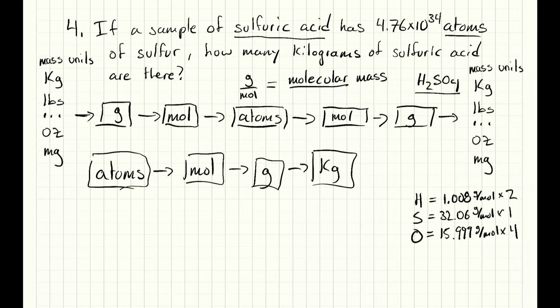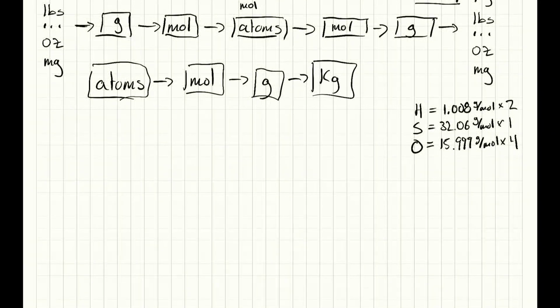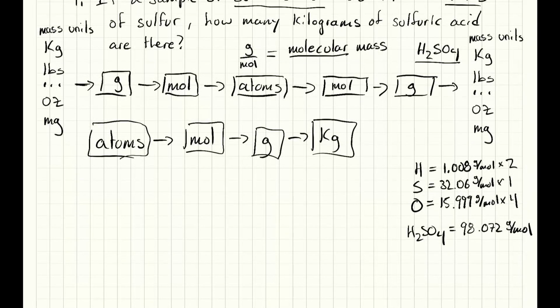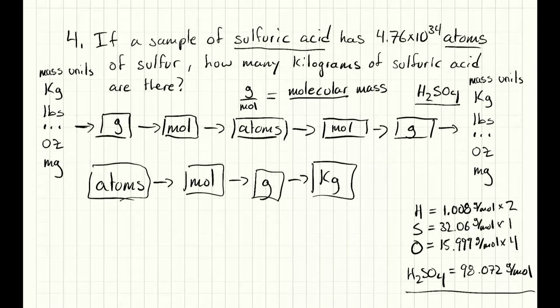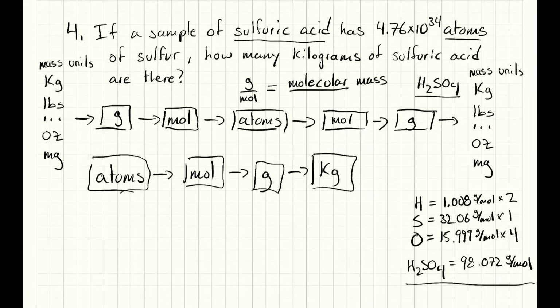And then I'm going to add 15.999 times 4. So our molecular weight, or molecular mass, for H2SO4 will be 98.072 grams per mole.